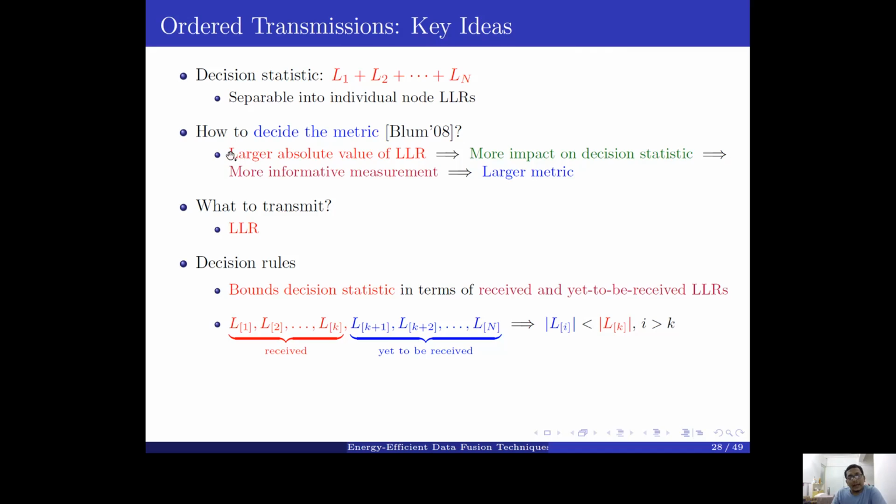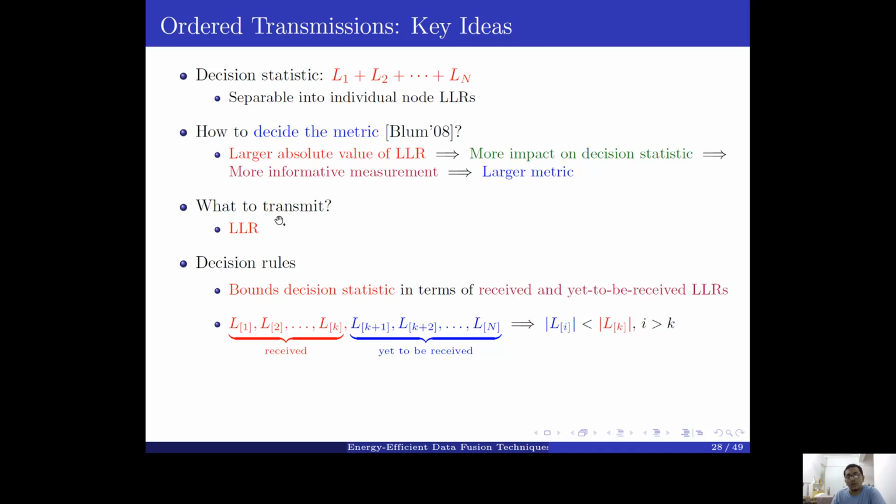Thus, a larger absolute value of the LLR will make for a more informative measurement, and this will make its metric larger. Thus, in the ordered transmission scheme, the key aim is to make the nodes with the more informative measurement transmit earlier.